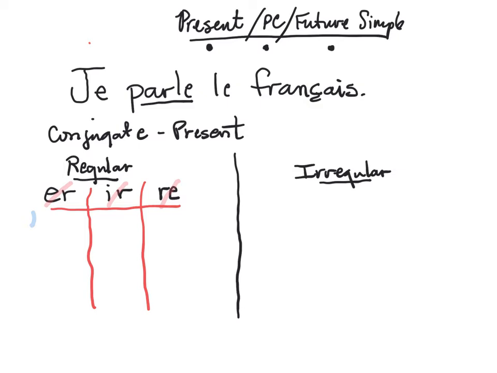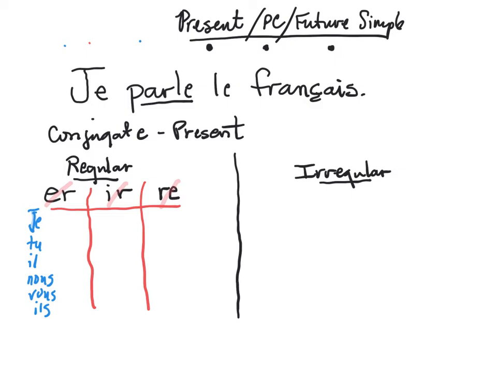Oops, too thick. What am I doing? Let's go back to this little thin one. And so if we wanted to put our pronouns here, we would have je, tu, il, elle, on, but I'm not going to write them all, nous, vous, and ils and elles. Again, I'm not writing them all.